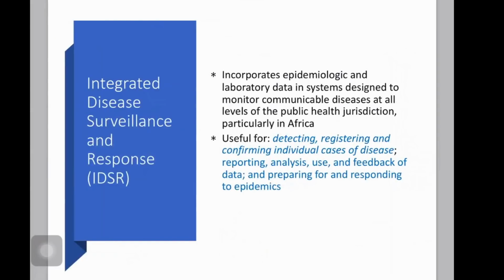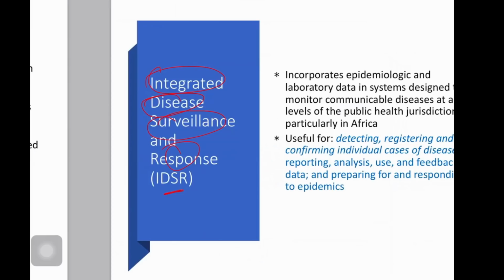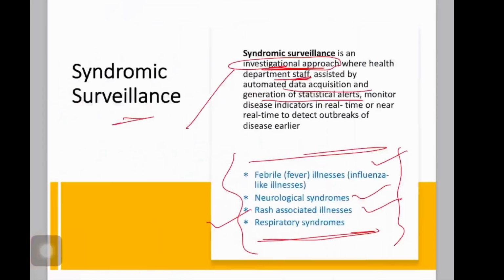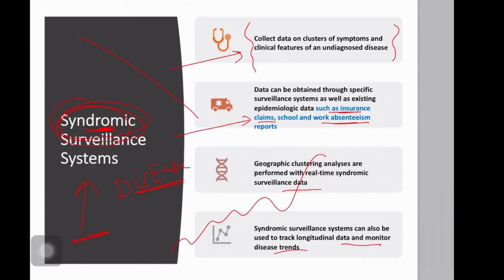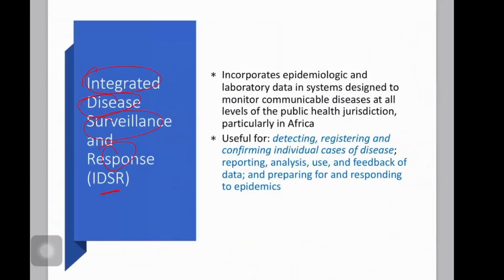Now, the integrated disease surveillance and response (IDSR). Basically, as its name suggests, it is a mix of the approaches that we see, like sentinel, behavior, and syndromic. It incorporates epidemiological and lab data in a system designed to monitor communicable disease at all levels of public health.